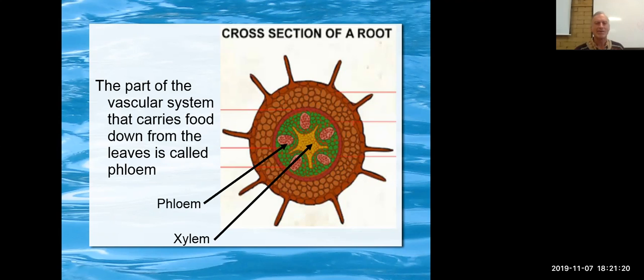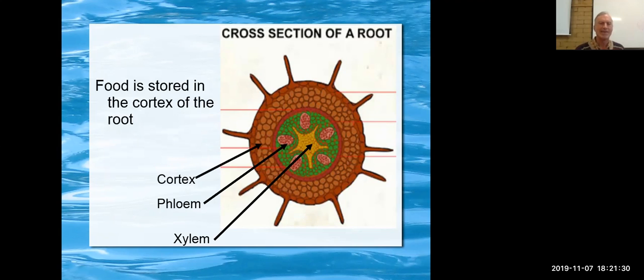And we usually think about phloem carrying food down from the leaves to the root, but it can carry food in any direction, wherever it's needed. And food is stored in the cortex of the root. So that's in between the epidermis and the vascular system in the middle.